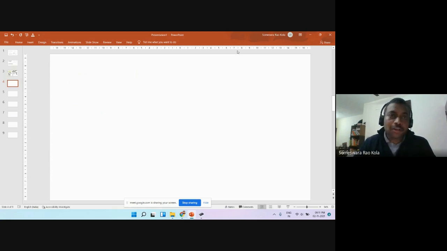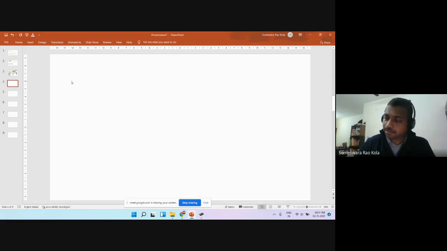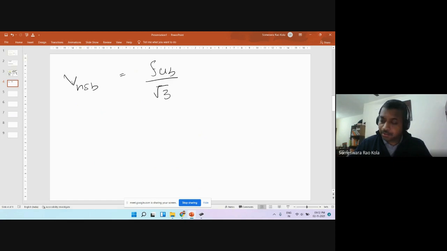Now, having defined design strength and nominal strength, let's go to nominal strength. We are talking about the shear strength of a bolt. So the nominal shear strength of the bolt, VNSB, is equal to, let me write it and then I'll explain the formula, FUB divided by root 3 into (NN ANB plus NS ASB).